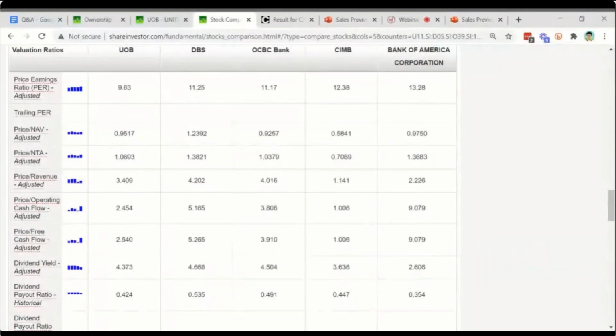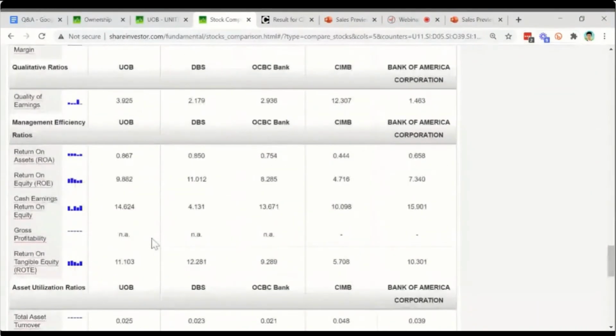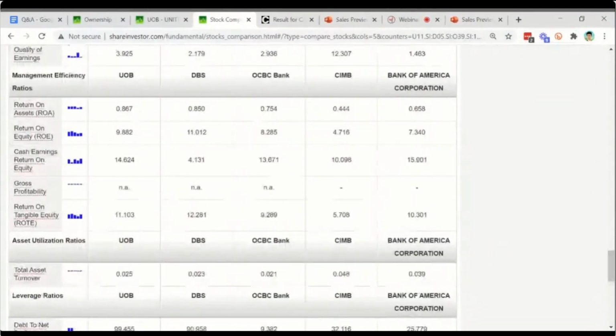Okay, the last metric that I want to share is the return on equity. Let me scroll down. For banks, they usually use return on equity to measure how well the banks are performing. So for UOB, they currently have a 9.88 ROE versus 11 for DBS and 8 for OCBC.